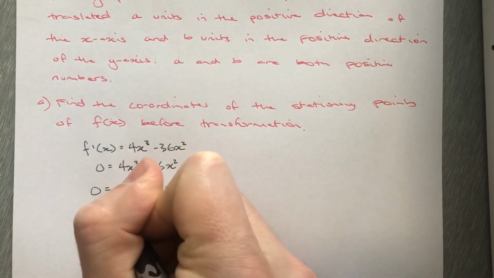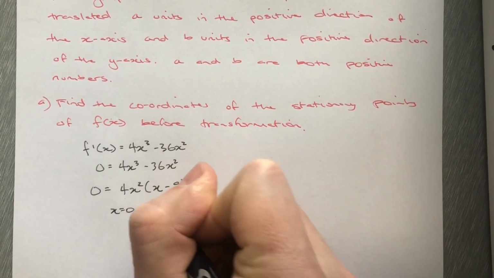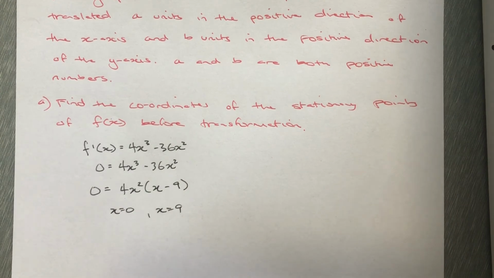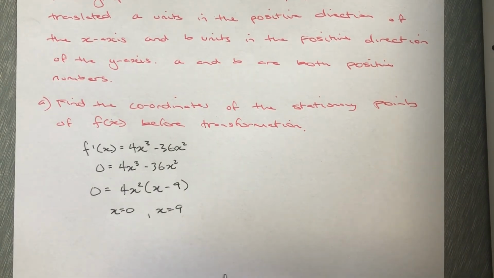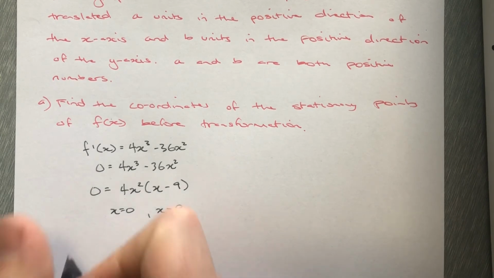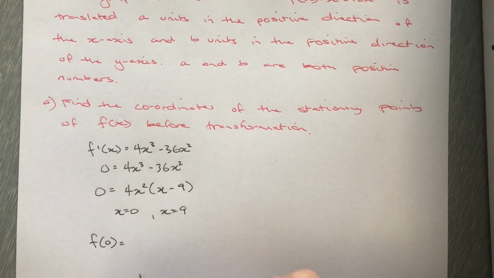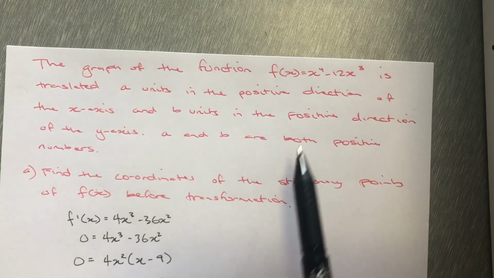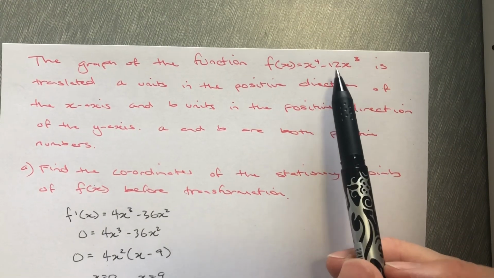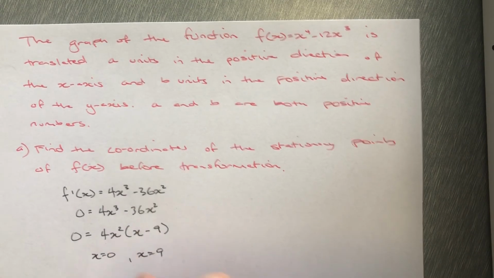Alright, so we've got x equals 0 and we have x equals 9. Cool, so we've got our x values, but we need our y values as well because it's asked for the coordinates. So we need f of 0, which is going to end up being, if I look at the rule, if you make all the x's 0, it's going to be 0.